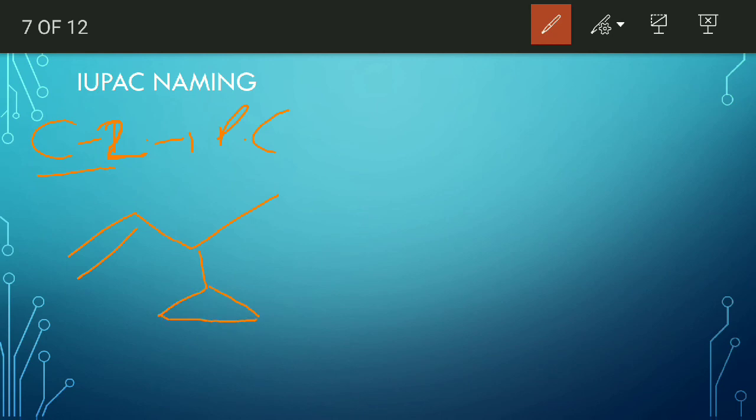Now you can easily tell that here the number of carbons is more than in the ring. So this open chain is the parent chain. Now we would start numbering from here, 3, 4. And what is this ring? Generally, if it is not acting as a locant, we would call it cyclopropane, but now we will call it cyclopropyl.